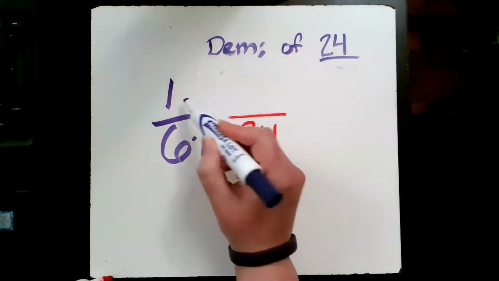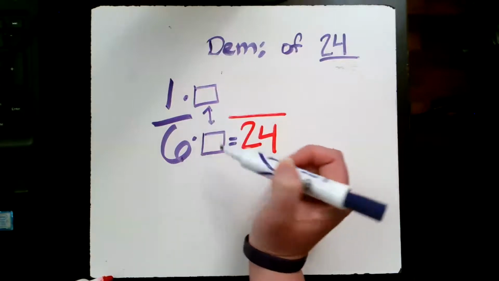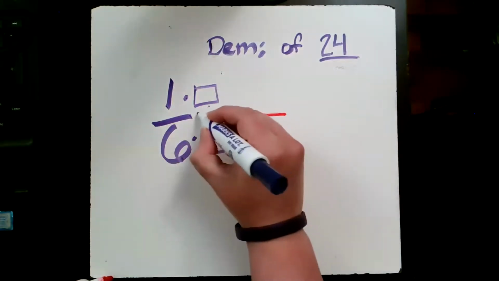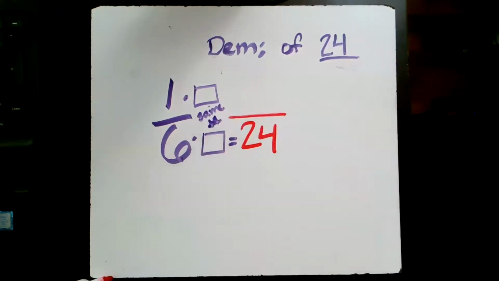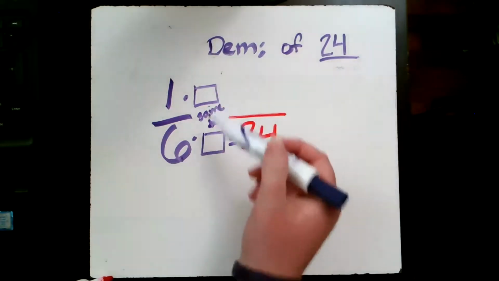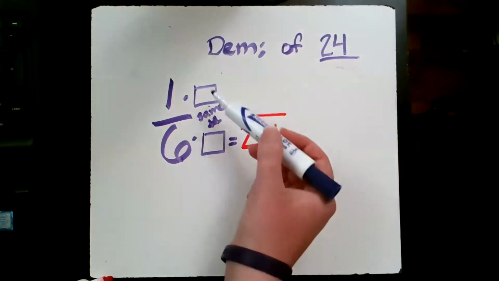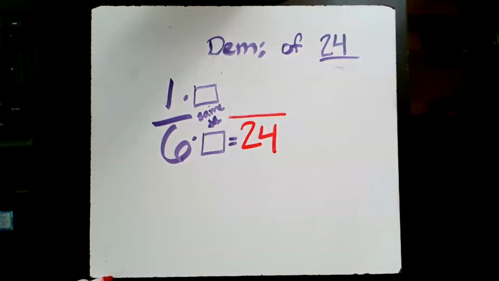And that same number you're going to do to the top as well, because these are the same numbers. You can't multiply the denominator by one number and the numerator by a different number. They have to be the same number.